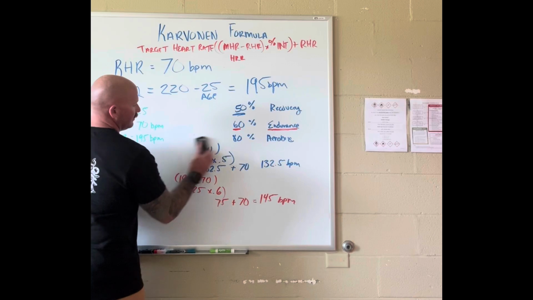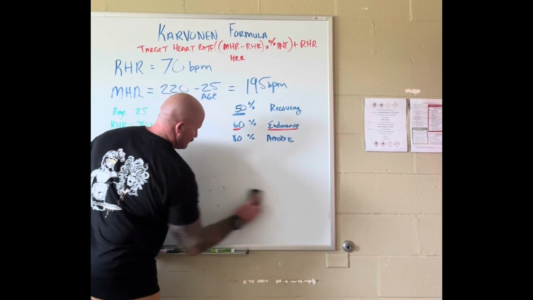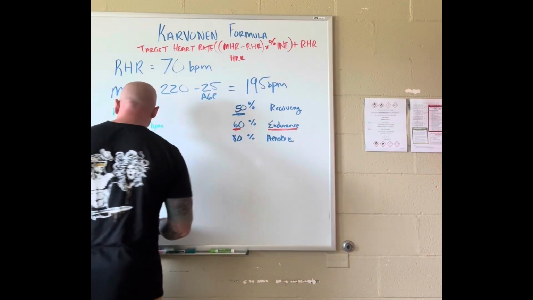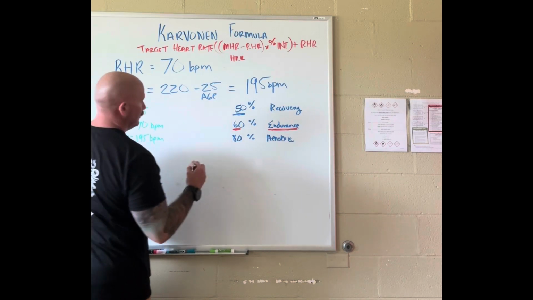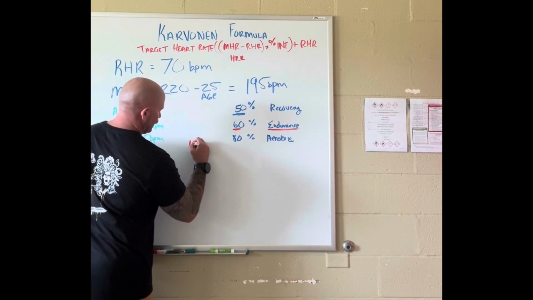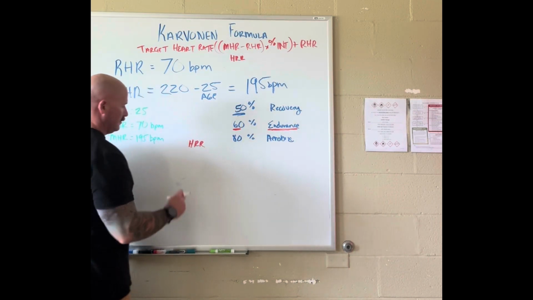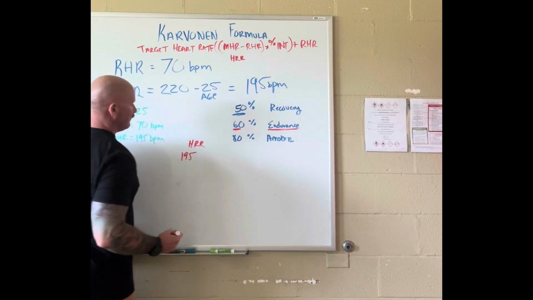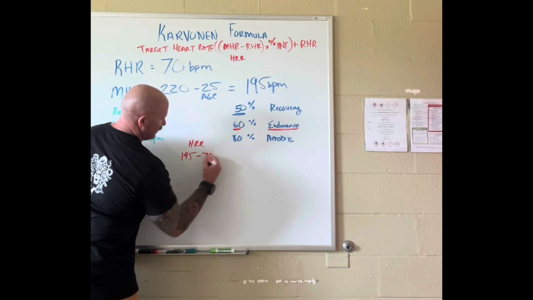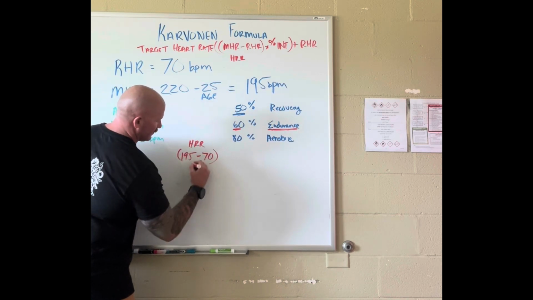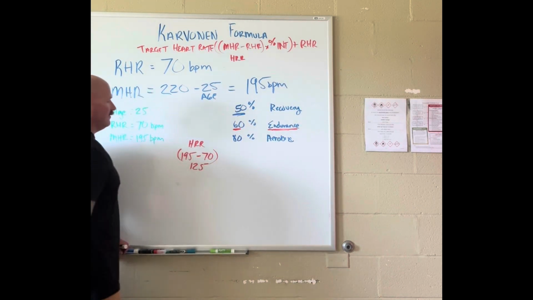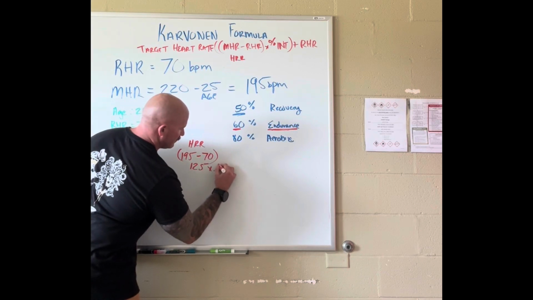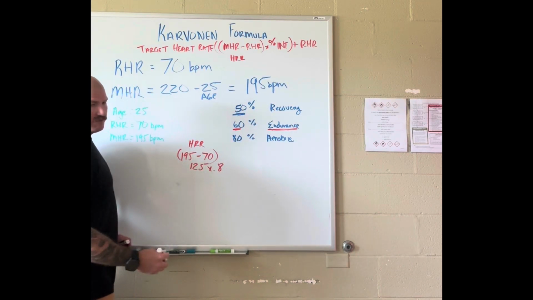And our last one is going to be 80%. Same thing all over again. So heart rate reserve, that's going to be 195 minus 70 gives us 125 times 0.8 for our intensity level.